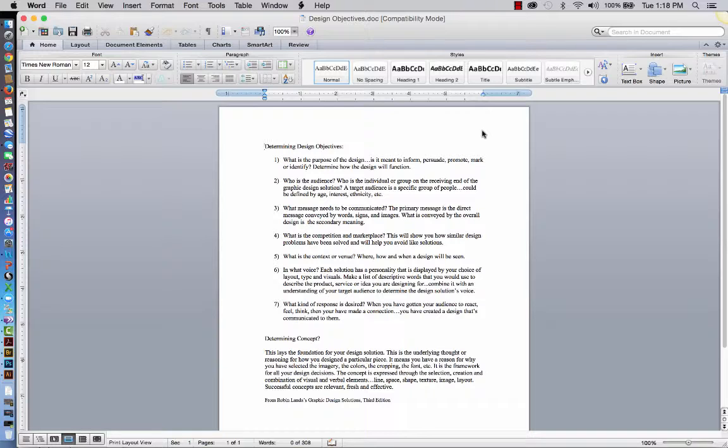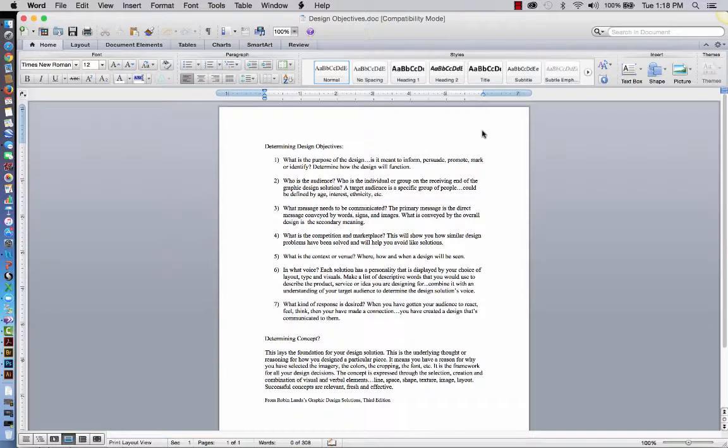Ann Taylor is something that I might wear in terms of clothing. You need to take a look at what their ads are, where they are placed and what they look like. So again, first determine the purpose of the message or the design, and then who the audience is.